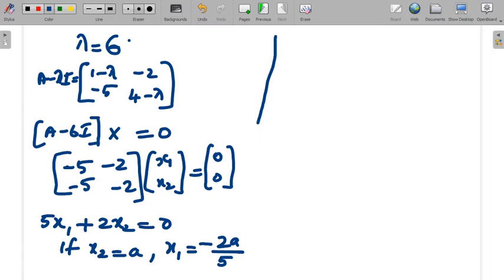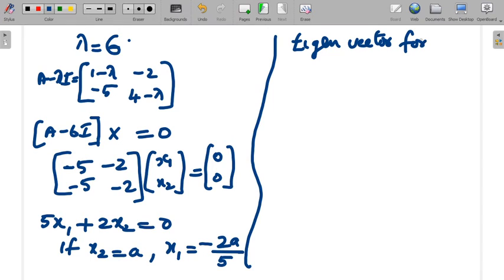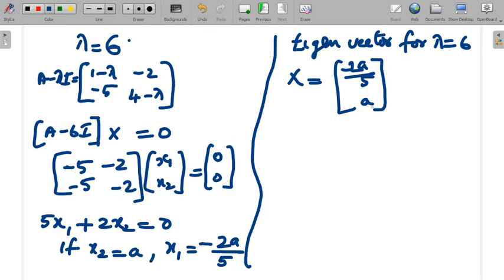So the eigenvector for lambda equal to 6 is x equal to x1 is minus 2a by 5 and x2 is a. So if I give a the value 5, I can take one of the eigenvectors as minus 2, 5. Okay. So this defines another vector in the plane, minus 2, 5.